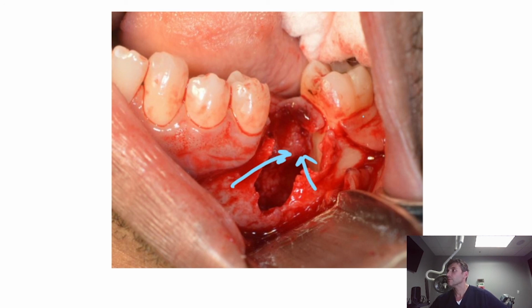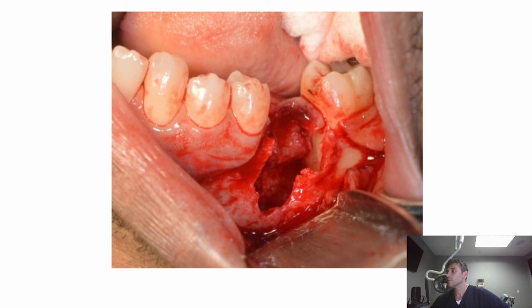Sometimes if this was missing here, then this would be even more difficult, because now you're relying on the bone cells to travel from here all the way back here, and the longer these bone cells have to travel and rebuild the bone, the less successful you are.